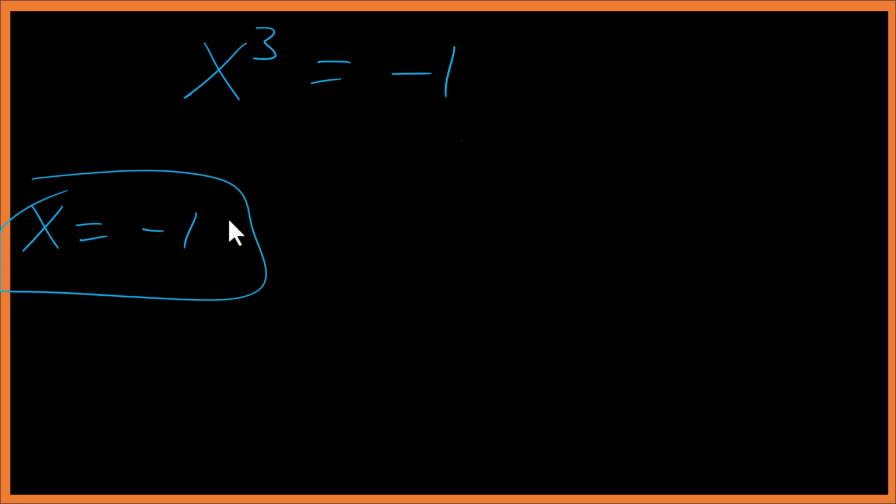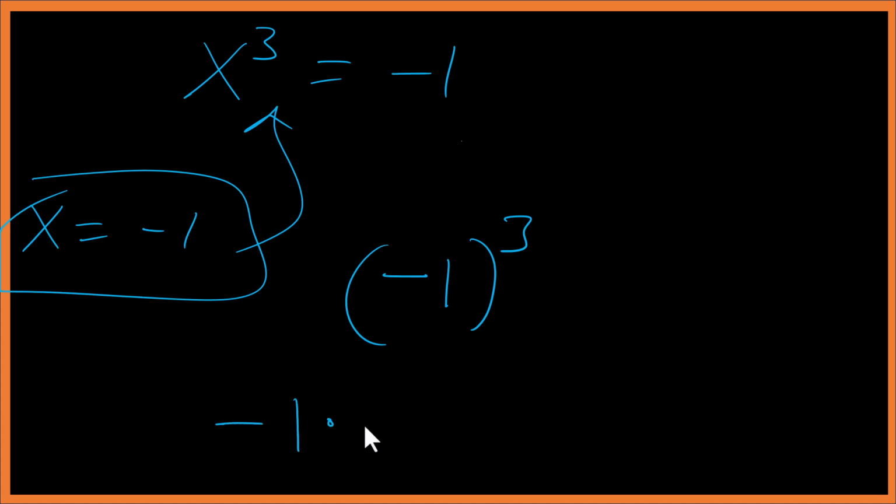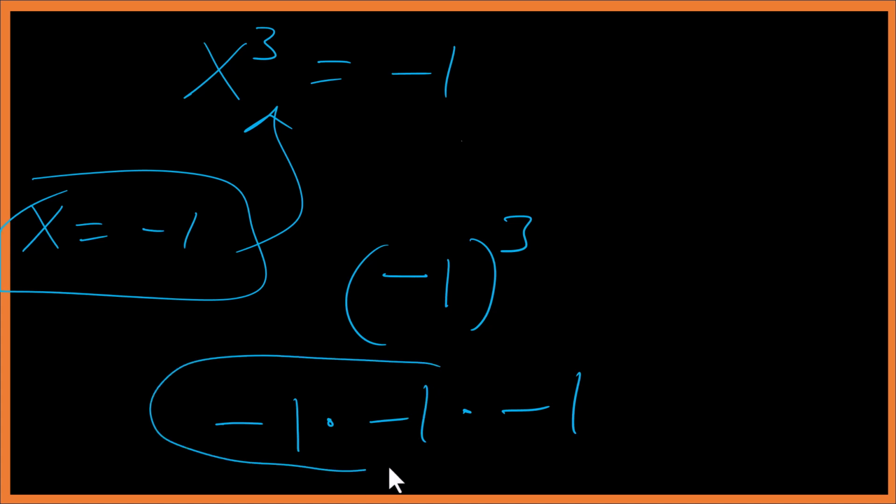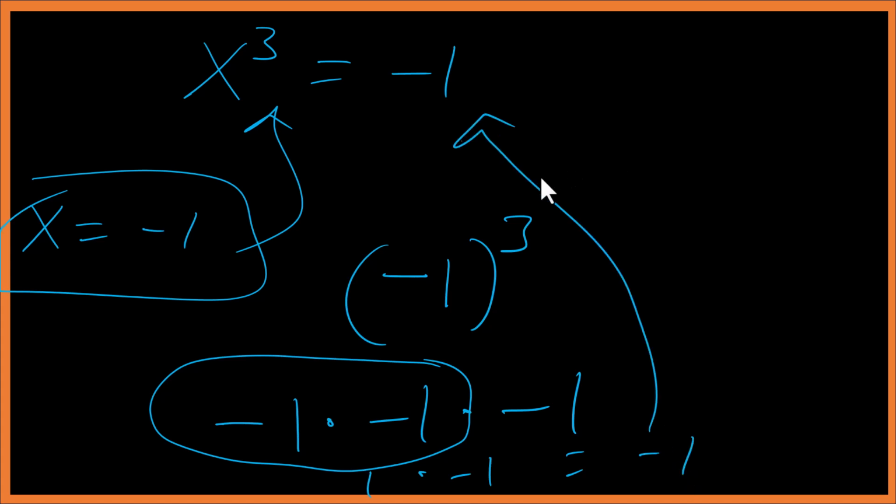We have the real solution as -1. So let's plug in -1 and see if it gives us that. So -1 raised to the cube is the same as -1 times -1 times -1. Remember, the first two will be +1, times -1, that will be -1.